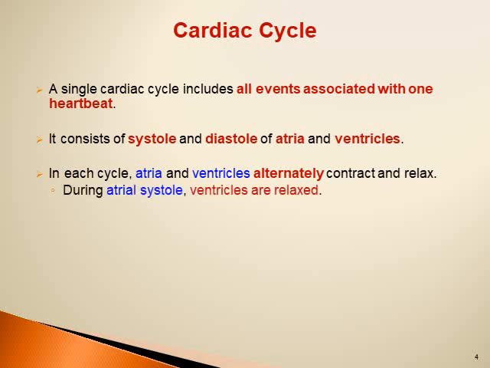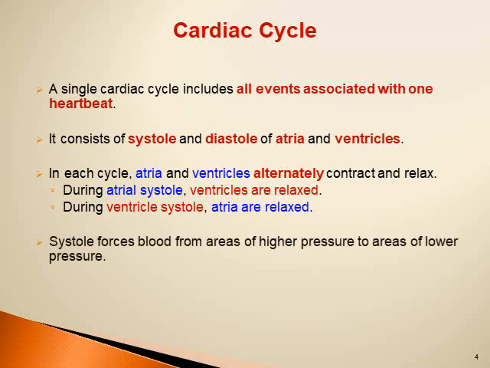During atrial systole, ventricles are relaxed, and during ventricular systole, the atria are relaxed. Systole or contraction of the myocardium of the heart forces blood from areas of high pressure to areas of lower pressure, and we know very well that the pressure gradient is the driving force for blood flow in the cardiovascular system.